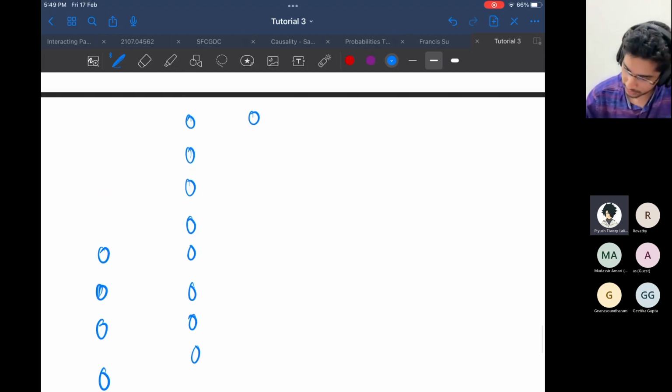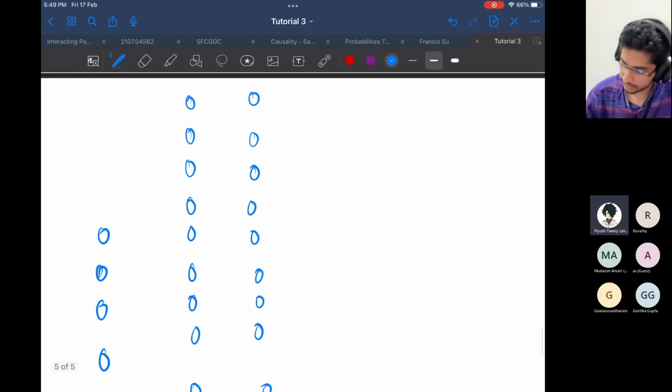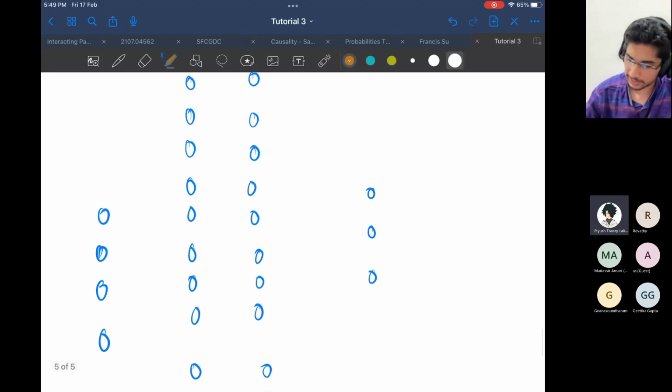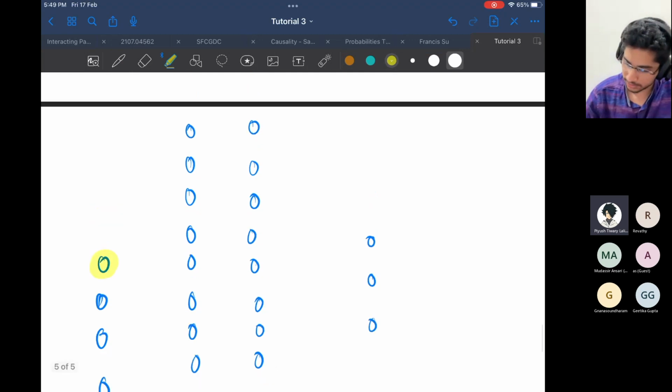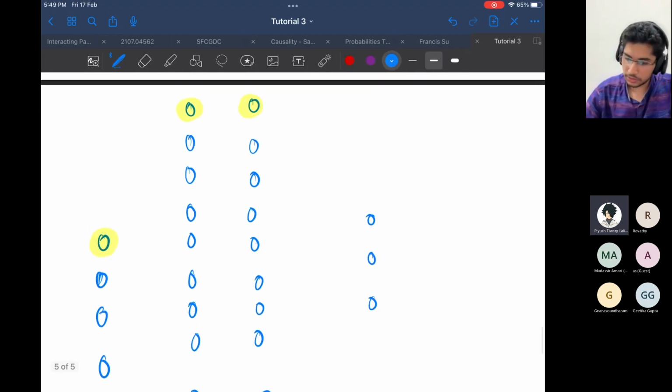Again 9 in the other one, and 3 in the final one. And these are connected. You can just imagine some connections there, but I won't be able to draw that. These yellow ones I have highlighted in yellow, so these are not to be counted, is what they have said.